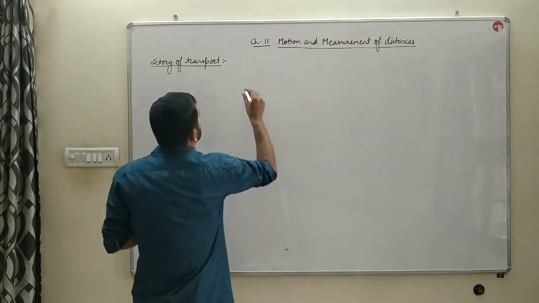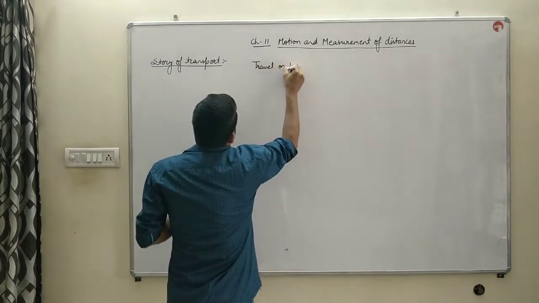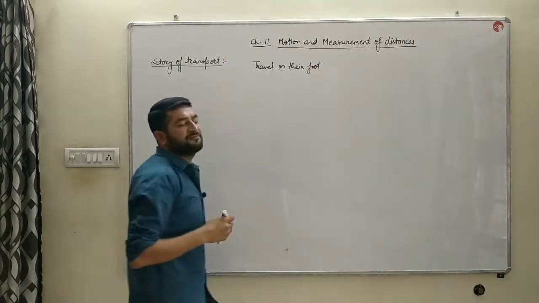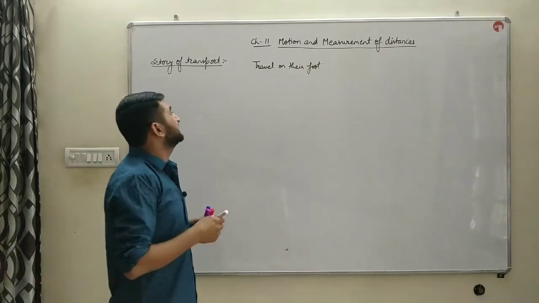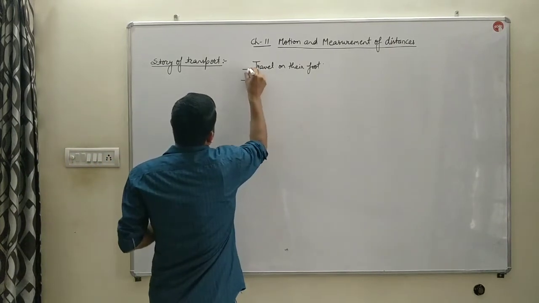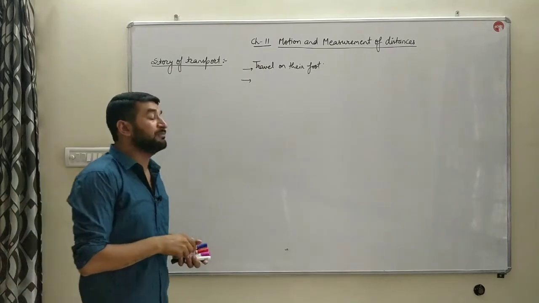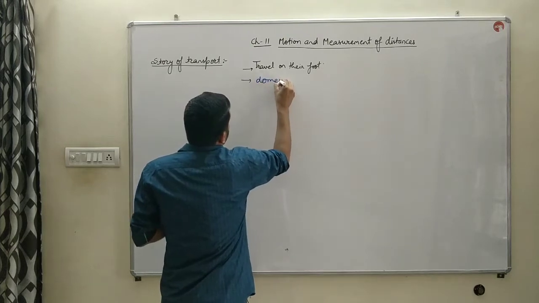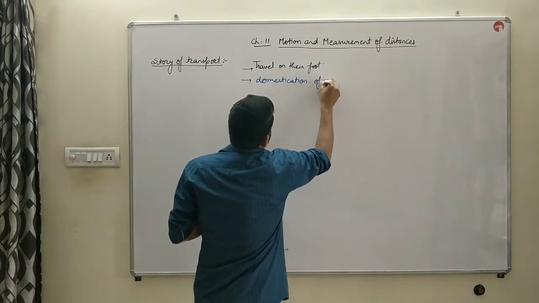At first, people used to travel on their feet. Then after that, people domesticated animals. Domestication of animals increased.